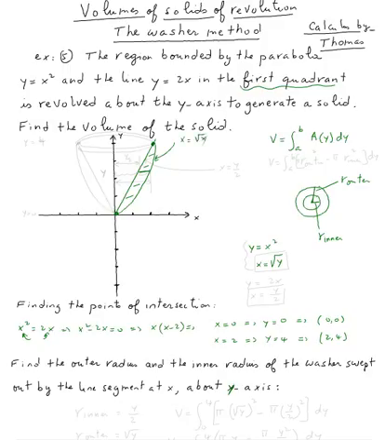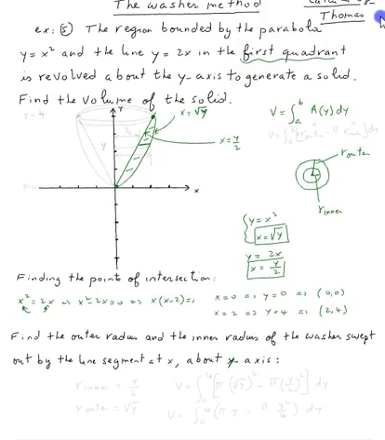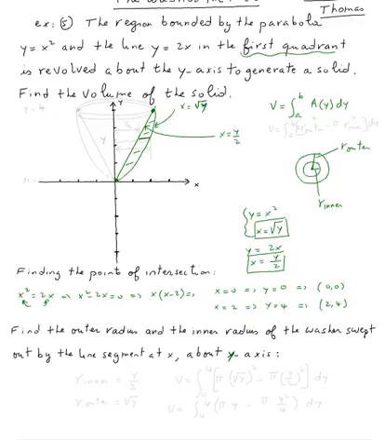And this line, y equals 2x: if we solve for x, we get x equals y over 2. So we have x equals y over 2, and x equals square root of y.